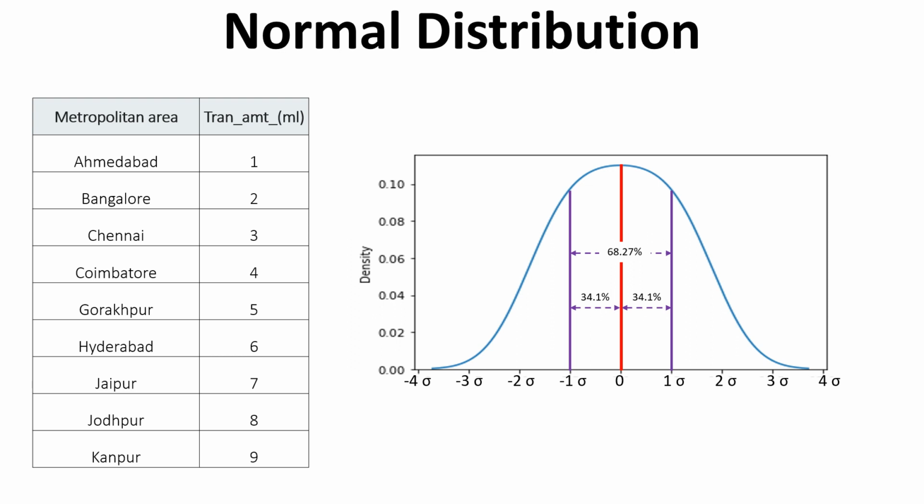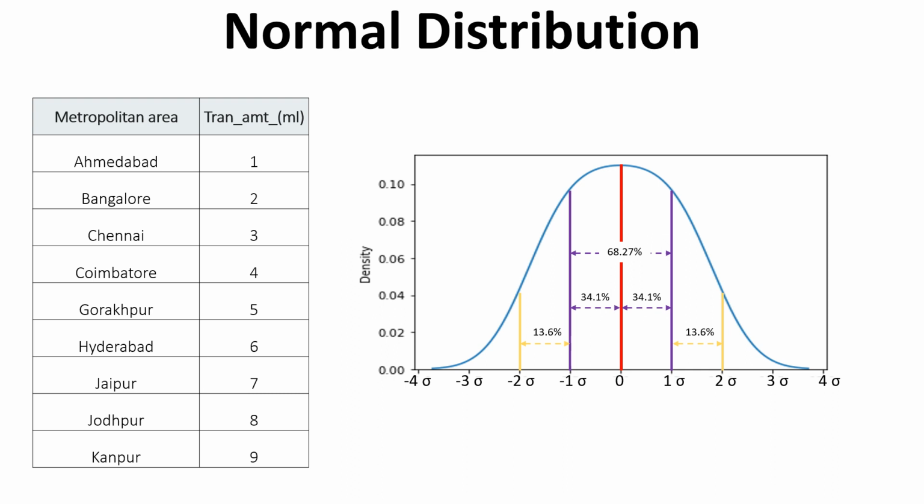Then moving forward, between the first standard deviation and the second standard deviation, the proportion of data points is 13.6% on the right side, and the same happens on the left side.